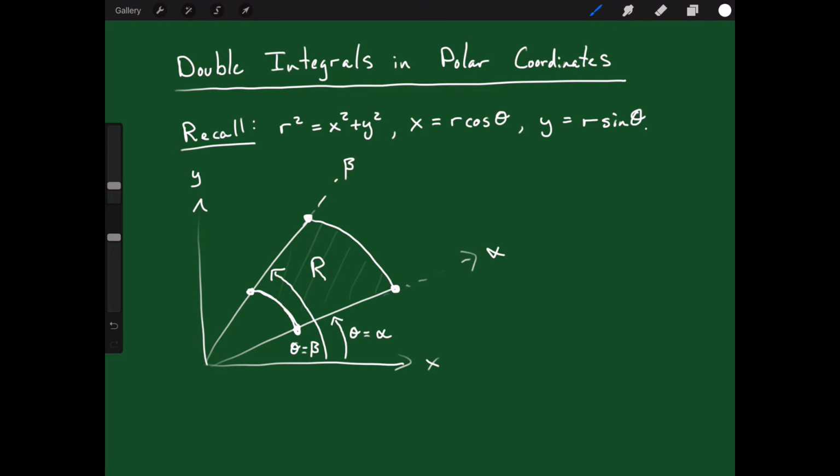Then we have some r values. If we completed this circle here, this is going to be r equals a to a radius value of r equals b. So this polar area is in between r values of a and b from theta value alpha to theta value beta. So we get this polar rectangle here.